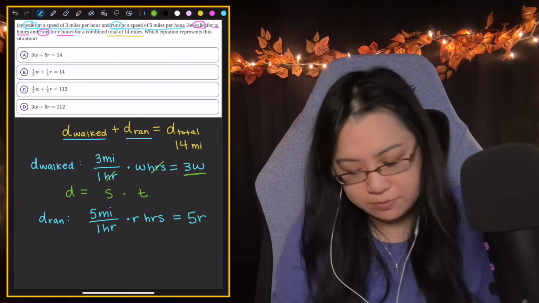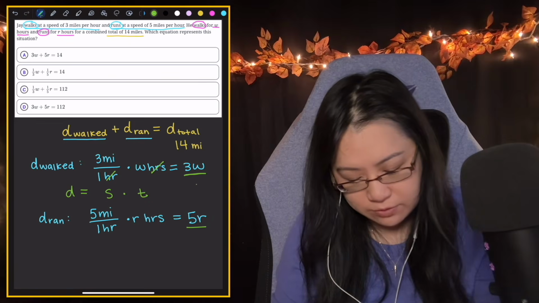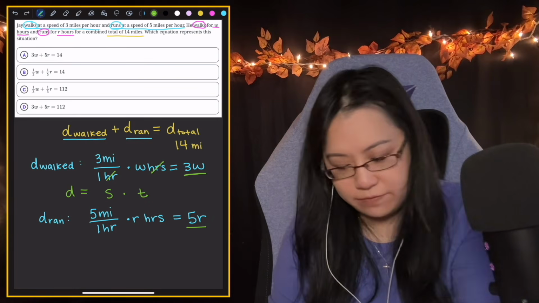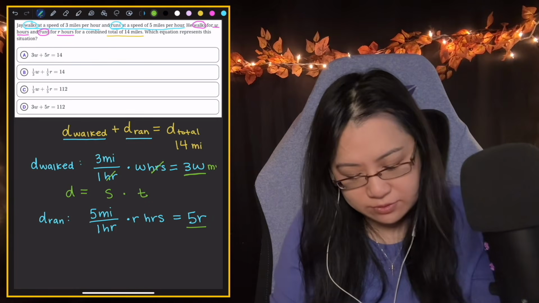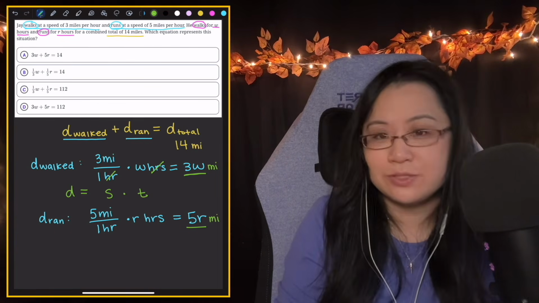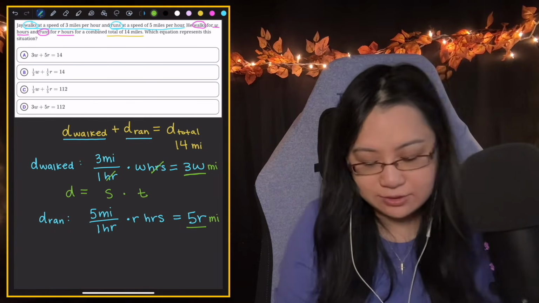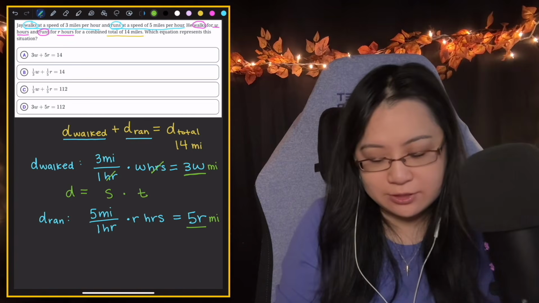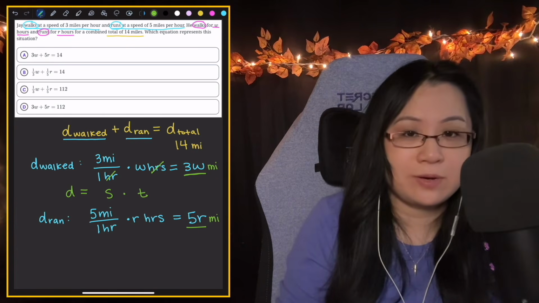So we can just make sure that our units are good too. So this should be not divide here, but miles. 5r miles, right?